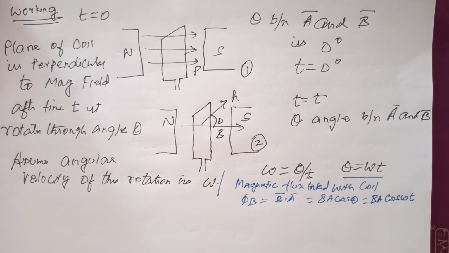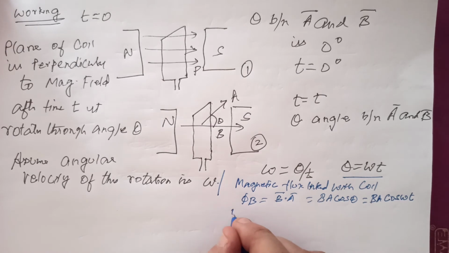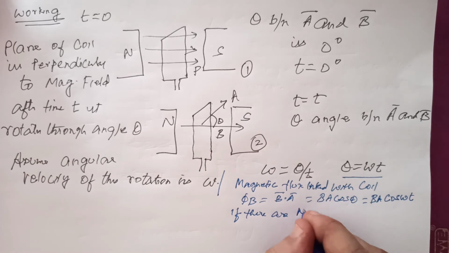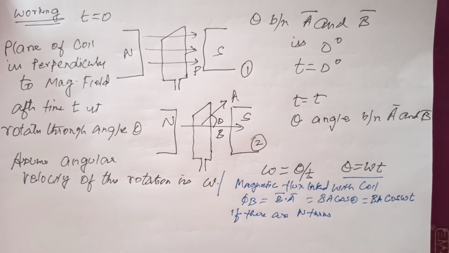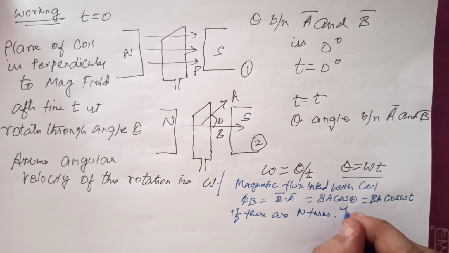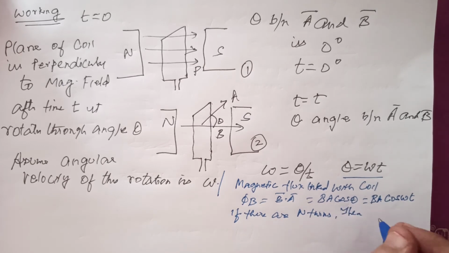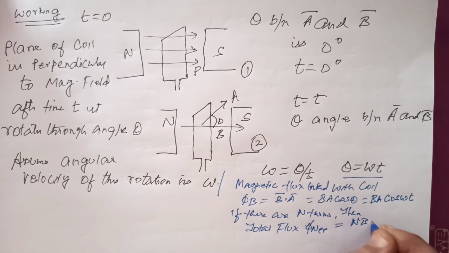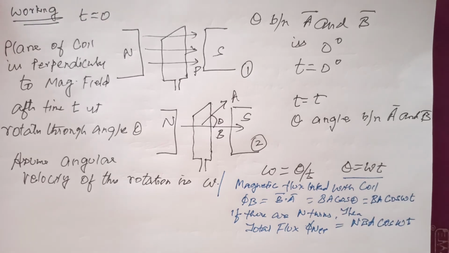Now if there are N turns, then the total flux, phi net, is equal to NBA cos omega t. Correct?